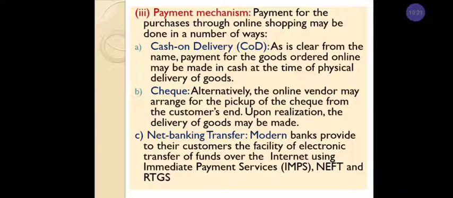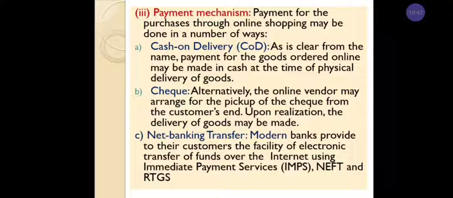If you are not interested in cash on delivery, the check as a document will help. You can write the particular online commerce website's name and the amount you are going to pay, write it in words and put your signature. Got it? In a check you can also give an open check or a cross check. This is the second option in the payment mechanism.